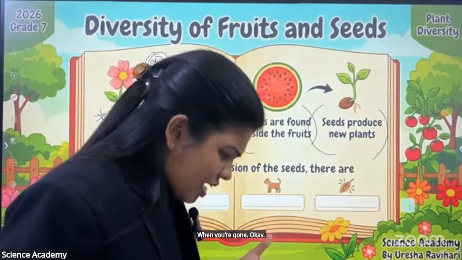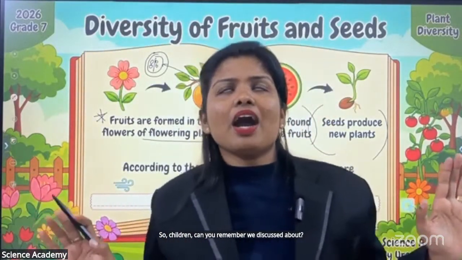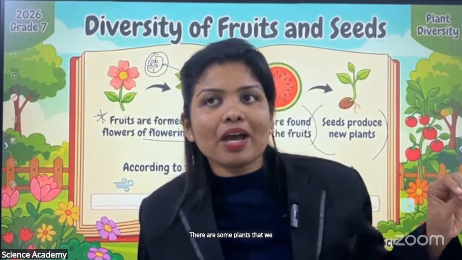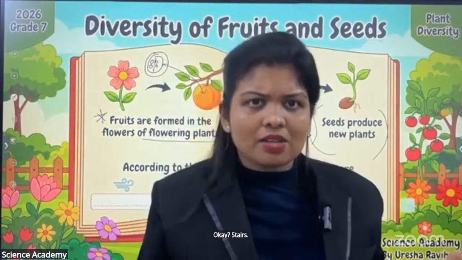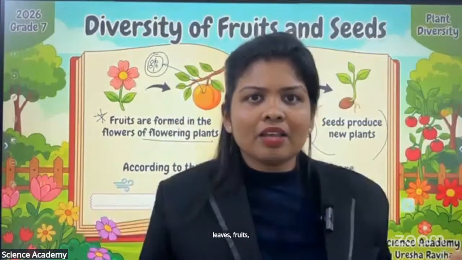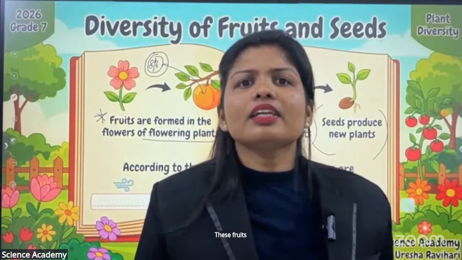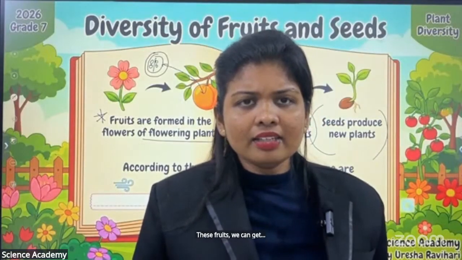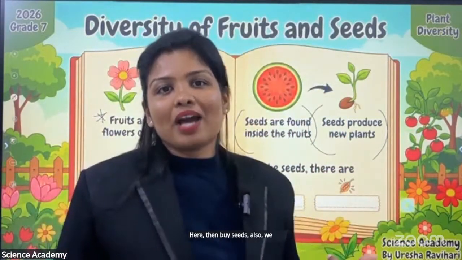So children, can you remember we discussed there are some plants that we can get new plants using stems, leaves, roots? Here children, by seeds also we can get new plants.